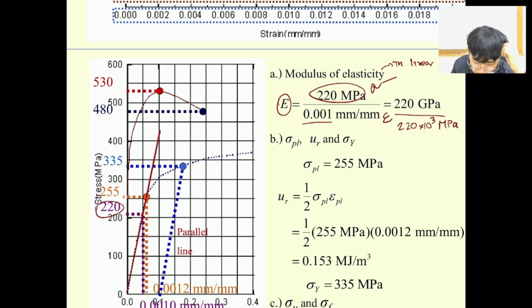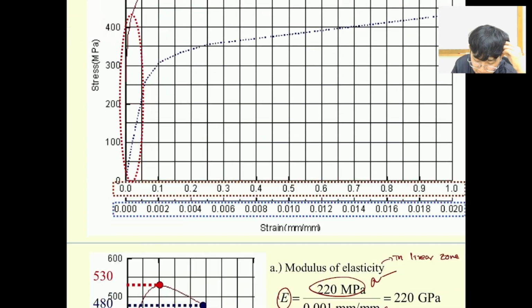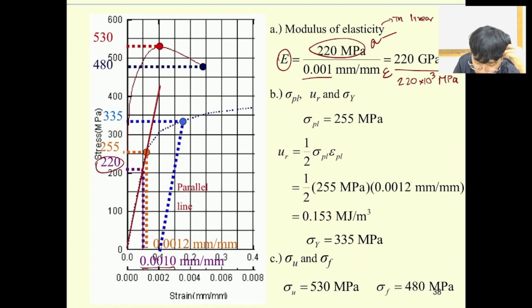And then question B asks for proportional stress, modulus of resilience, and yielding stress. So this one is going to be the last point before the curve over here. If I plot on here, the orange point over here is going to be my PL. So I read from the curve the stress value and then get 255.